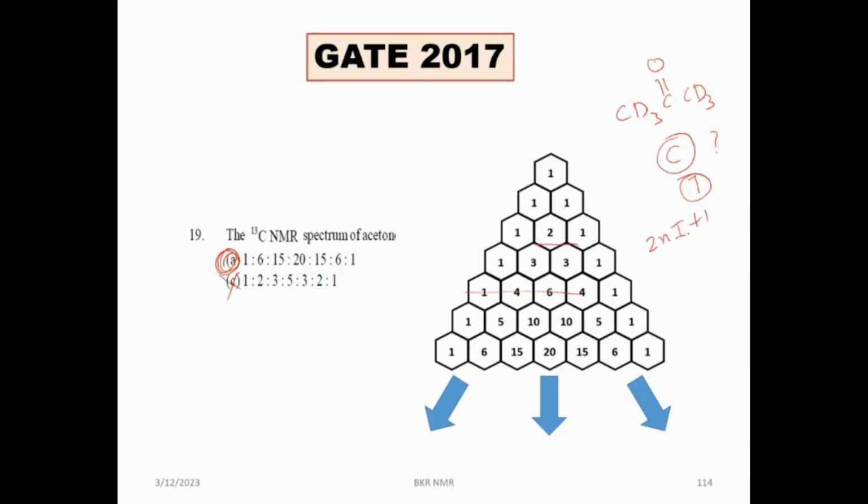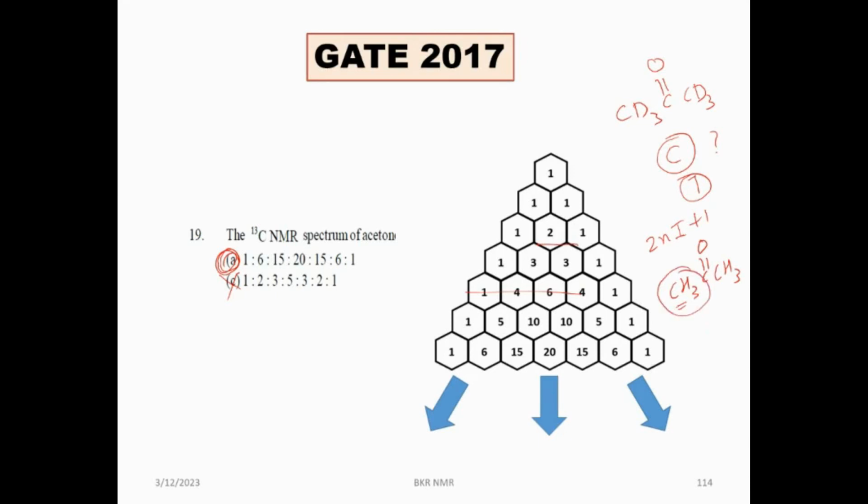Now tell me, suppose I have hydrogen. What will be the multiplicity of carbon? In CH3, how many neighboring hydrogens?